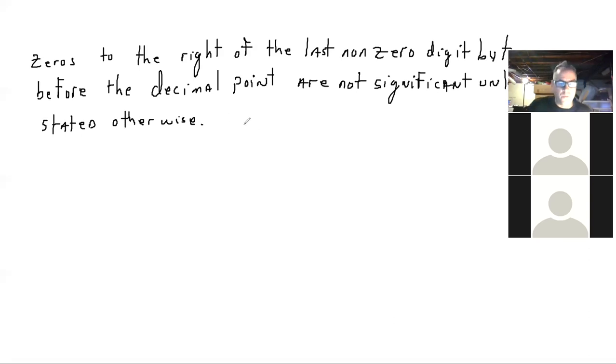All right, so examples here. 50,000. These zeros are before the decimal point, but they're to the right of the last non-zero digit.